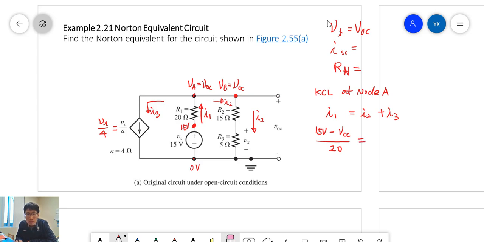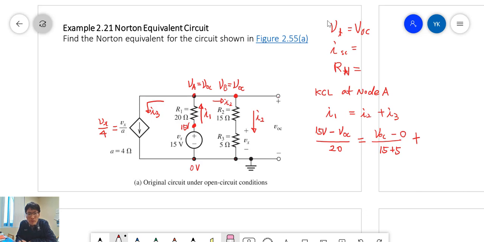I2 flows from the top end to the ground. VOC is still the same voltage, as I already told you, so VOC minus 0, and the voltage sources are all series connections, so 15 plus 5, which means 20.